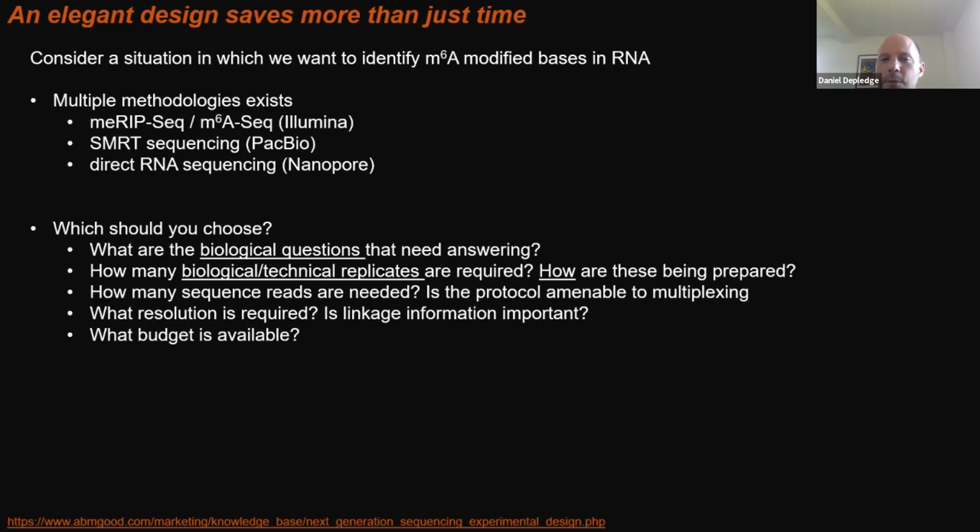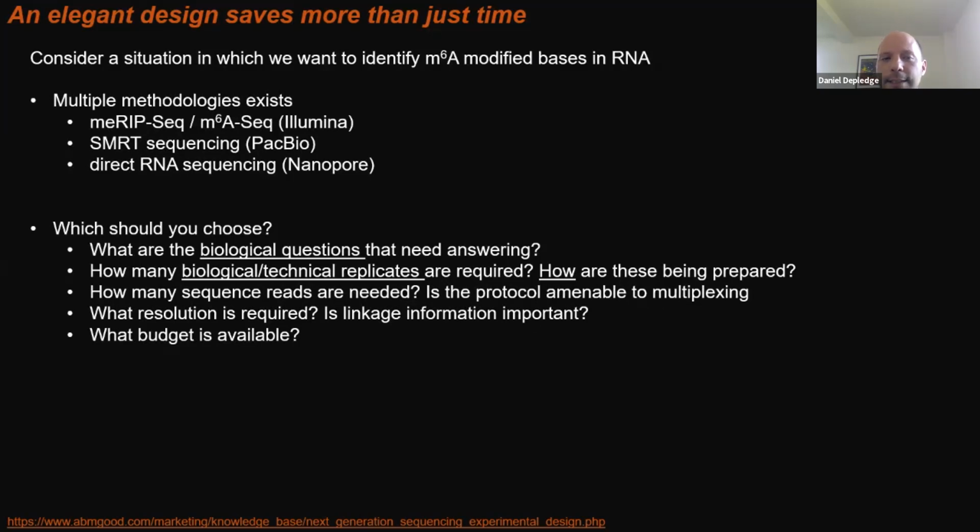When you're doing sequencing, one of the first things you need to think about is, how many sequence reads do I need to get the answer I want? Can you guesstimate? Can you more precisely calculate? Depending on that, you need to think about, is my protocol amenable to multiplexing? Is this something where I could sequence lots of samples together to bring down costs and potentially to generate more usable data sets, or is it something I'm going to have to do one at a time?